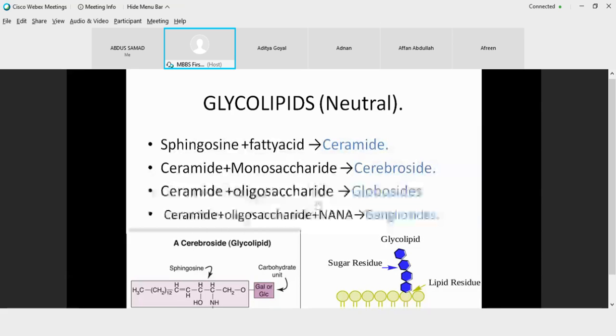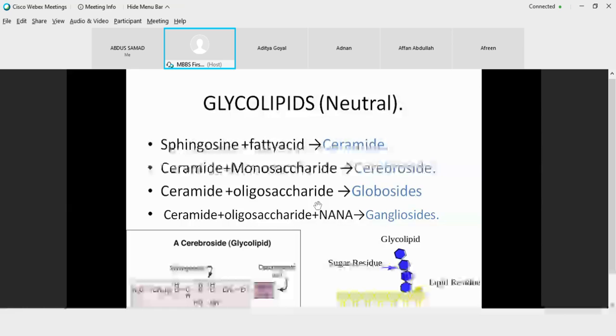So these glycolipids start from sphingosine plus one fatty acid. This structure is known as ceramide. Now, if to a ceramide you attach one monosaccharide, usually glucose or galactose most of the time, then it forms a cerebroside.